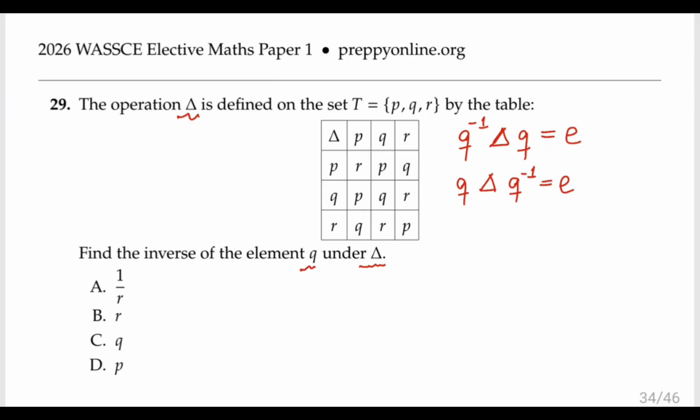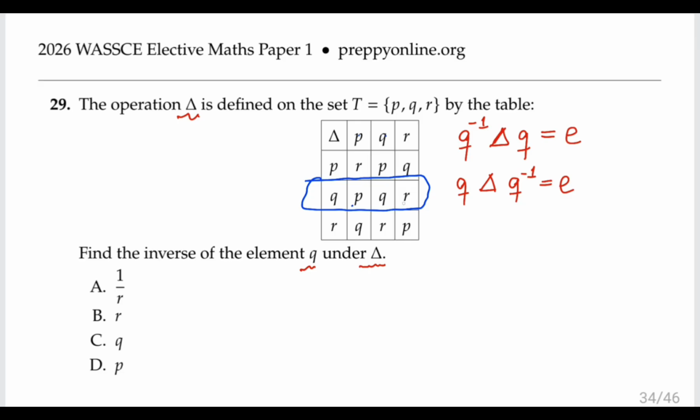So looking at the table, if you look at this row, what do you see? You see that Q delta P is P. So Q delta P didn't change P. Q delta Q is Q, it didn't change Q. Q delta R is R, it didn't change R.